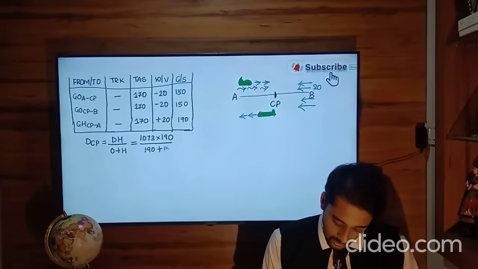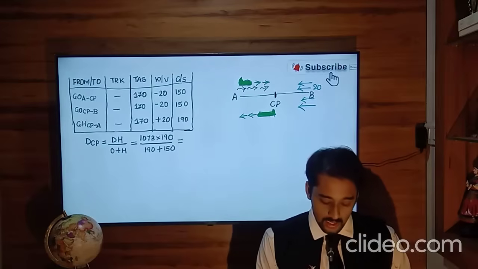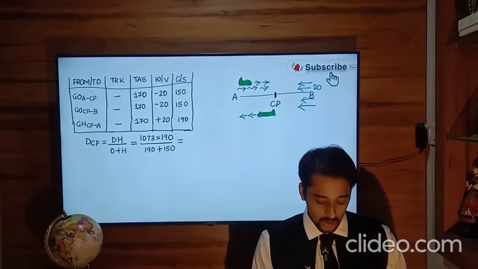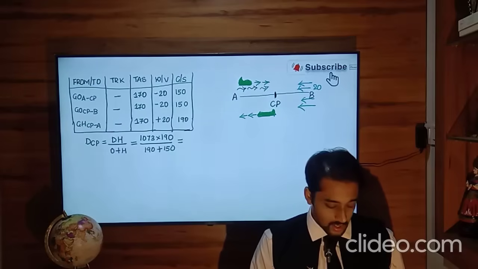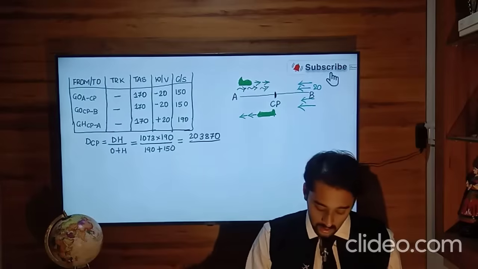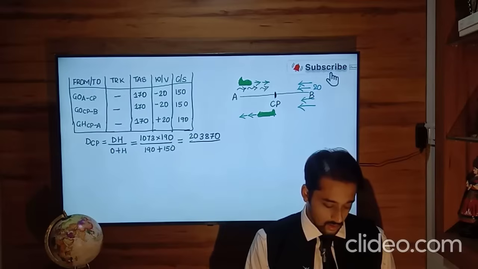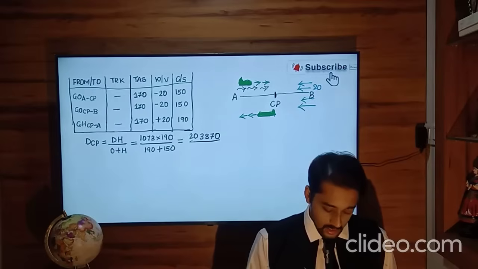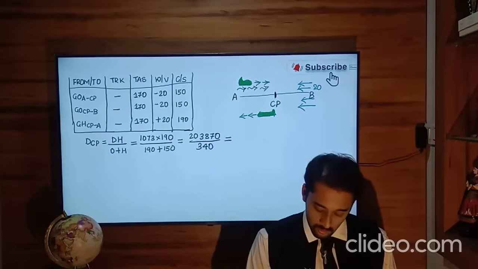So 1073 into 190 is 203870, divided by 190 plus 150, which is 340.